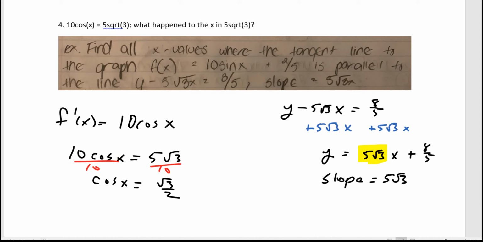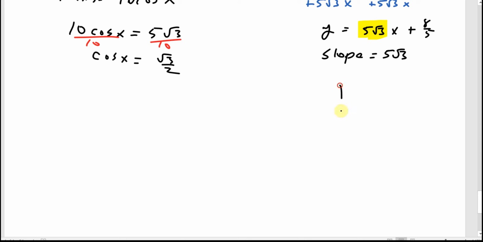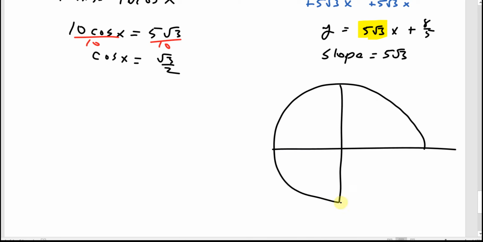So where is cosine of x equal to the square root of 3 over 2? Now, one thing I would suggest is knowing some of these things, and you can think about a unit circle. If you don't know that one yet, you probably should. Now, I always just think about the first quadrant because you'll see these angles quite often.